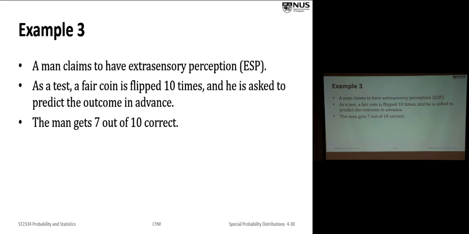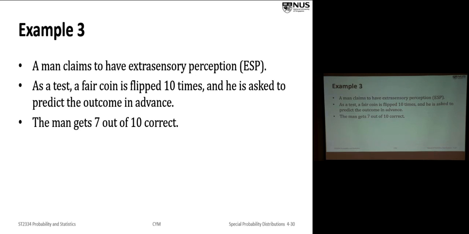Does it support that he has this kind of ability? It's very easy to check. You ask yourself, how likely is it for a normal person to identify 7 or more correctly?